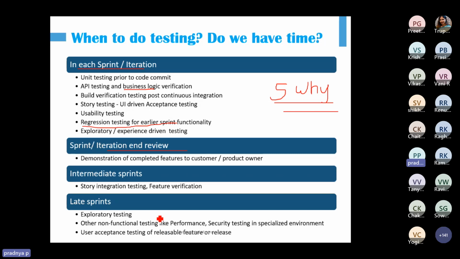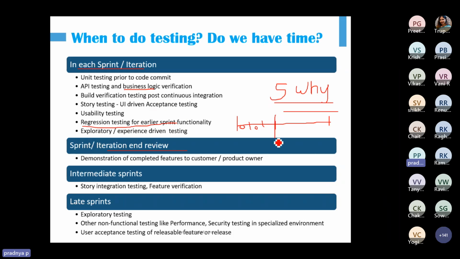Now, as I said, if we are working in sprints, for example, there is sprint 1, sprint 2, sprint 3. In the early sprints, there may not be something that can be deployed to the production environment, right? Because we are still developing small stories here. They cannot stand on their own and they cannot be deployed.